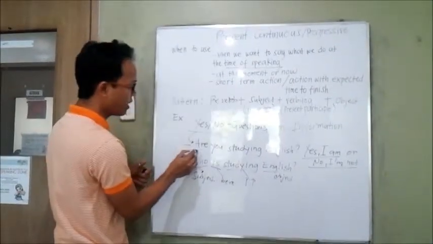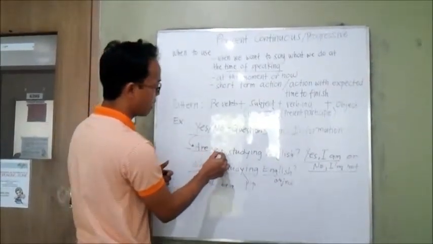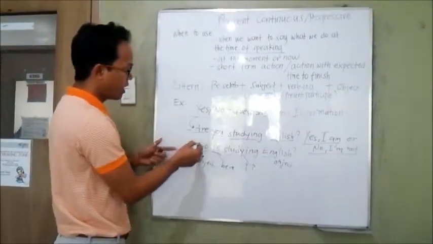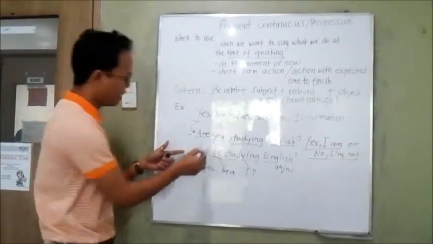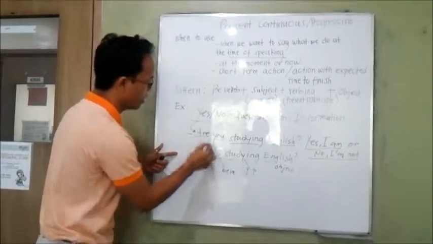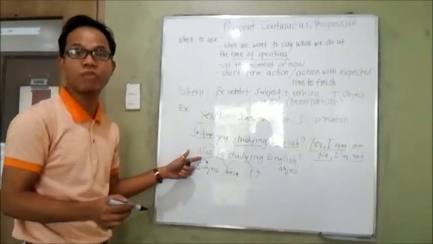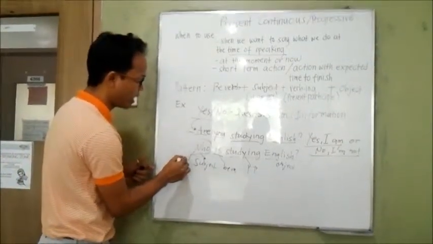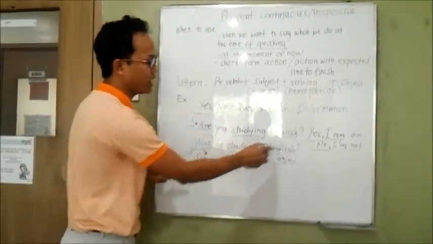So we have be verb, subject, verb ing, and object. In an information question, who is special. It can be a pronoun, so it can be the subject in this sentence. So, who is studying English?